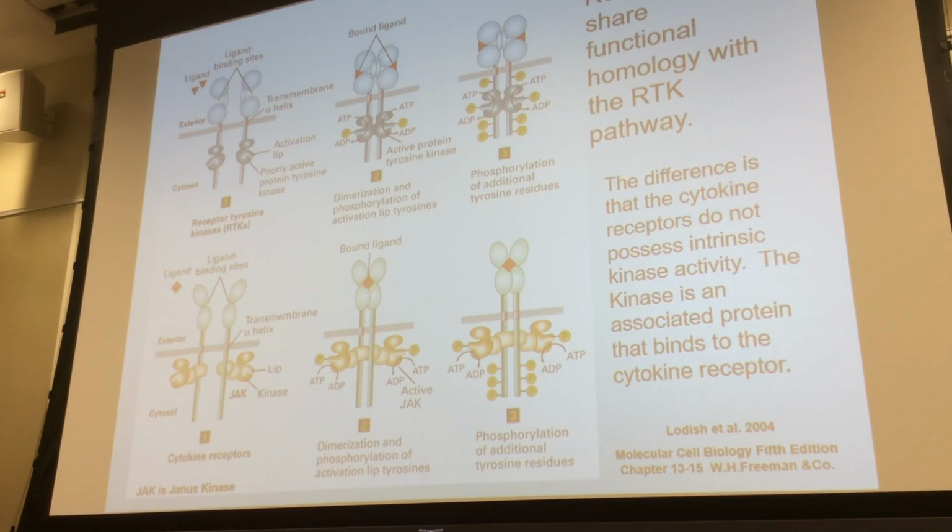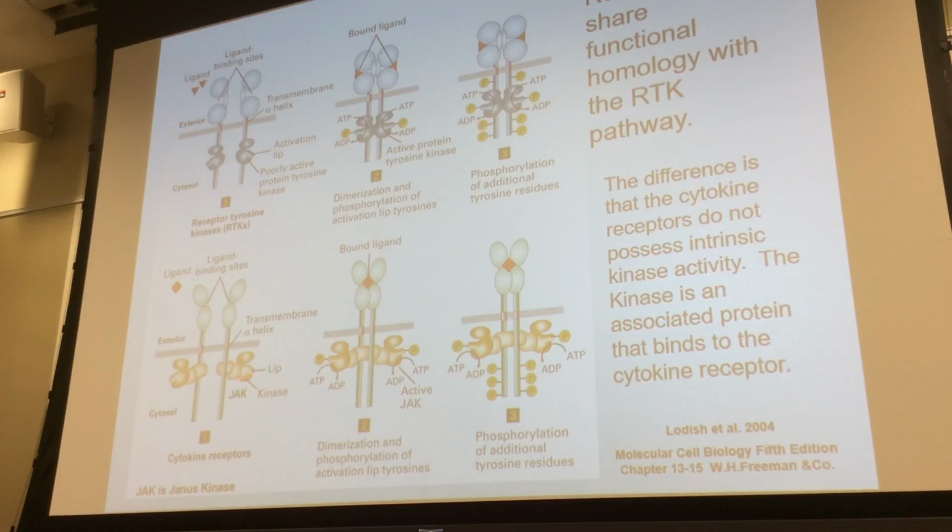And in this particular case, it's called the Janus kinase, often abbreviated JAK. So JAK is going to be binding here to this membrane surface, and it is the kinase that then does the phosphorylations.